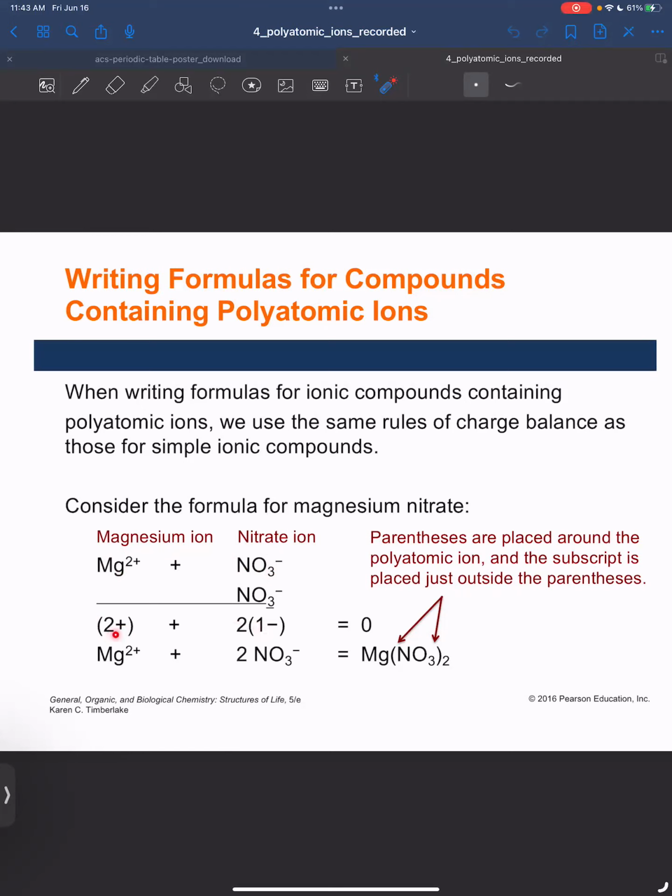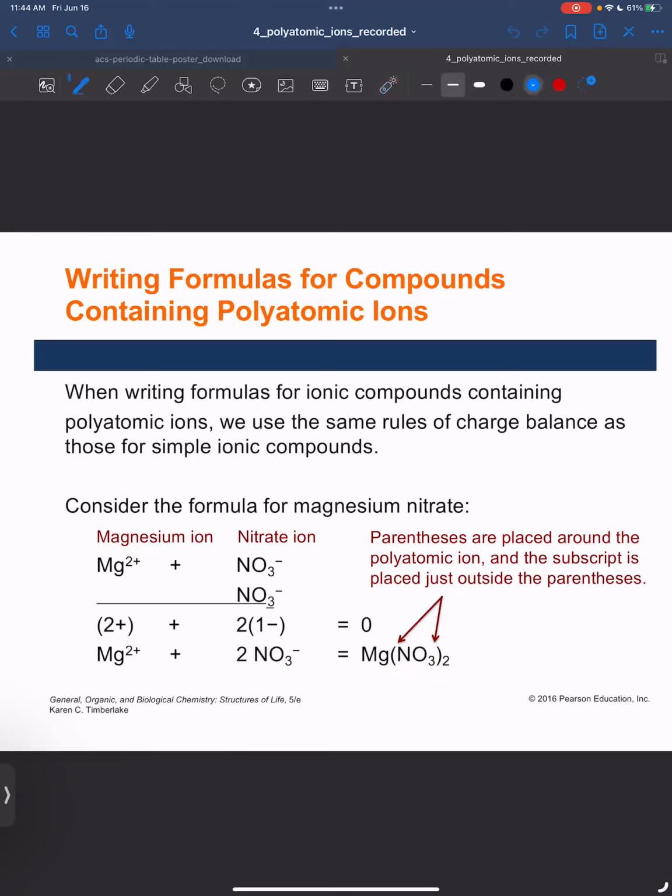So when we write the formula with Mg, there only needs to be 1. You need to put parentheses around the polyatomic ion because those are a group of atoms and they have to stay together. So put parentheses around polyatomics, and then the subscript 2 is outside to indicate that I need 2 nitrate polyatomic ions to balance out the magnesium's +2 charge.